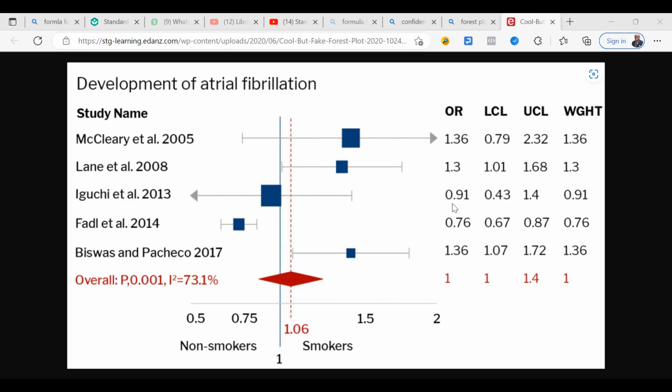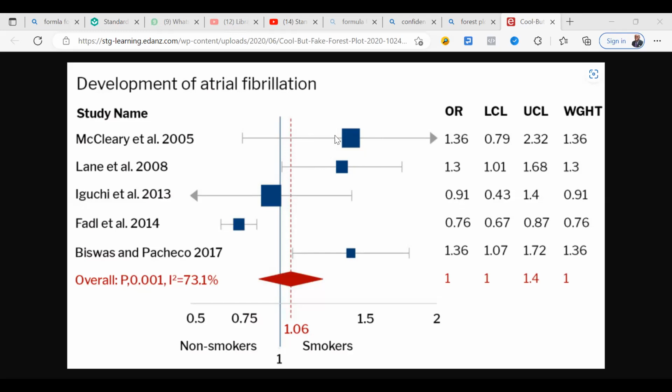It means the exposure is protective. I will not use protect because it's not an intervention. So here you will say that the odds of developing atrial fibrillation decreases by 9%. Remember, 1 minus 0.91.